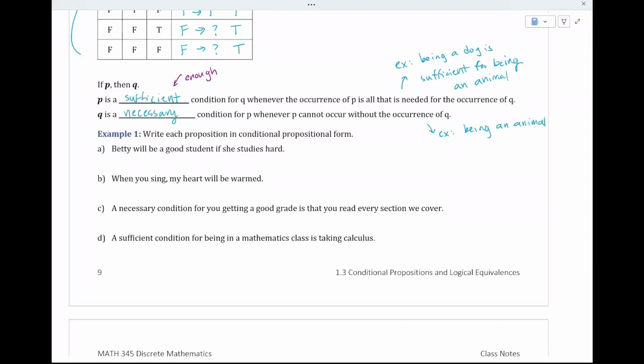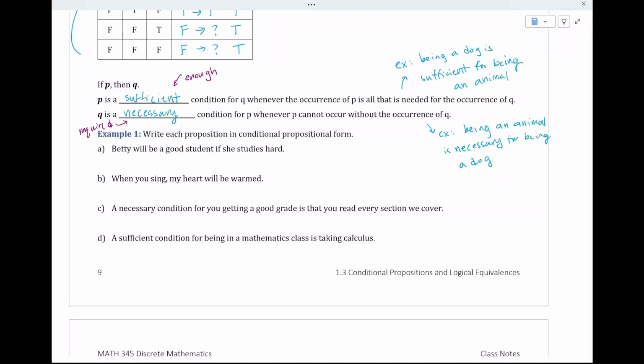Being an animal is necessary for being a dog. All dogs are animals. There's no dog that's not an animal. So this is a required condition. You are required to be an animal if you're a dog.